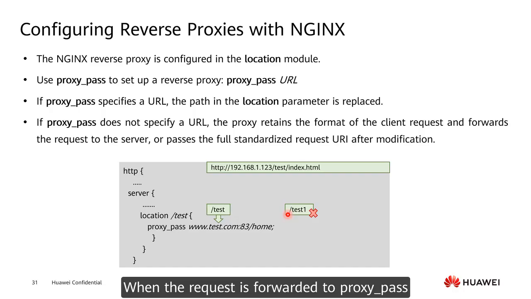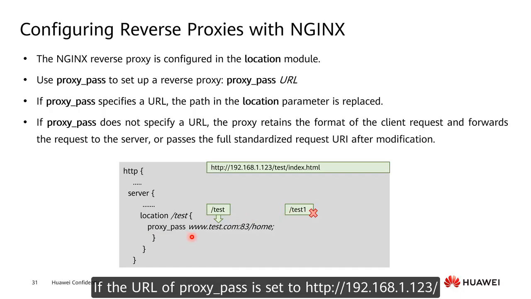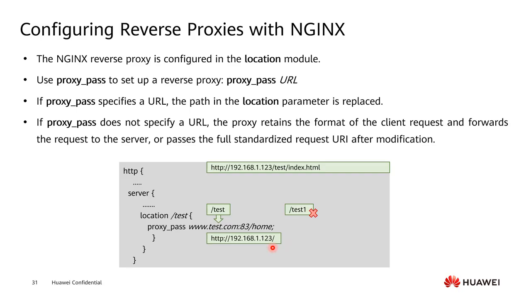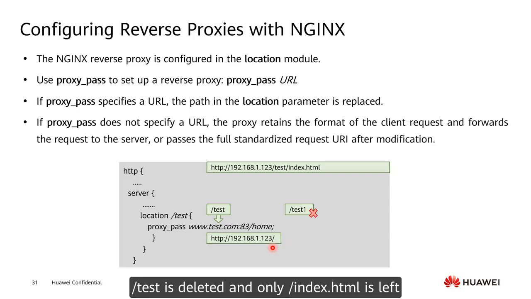When the request is forwarded to proxy path, if the URL of proxy path is set to http://192.168.1.123/, the matching /test is deleted and only /index.html is left.